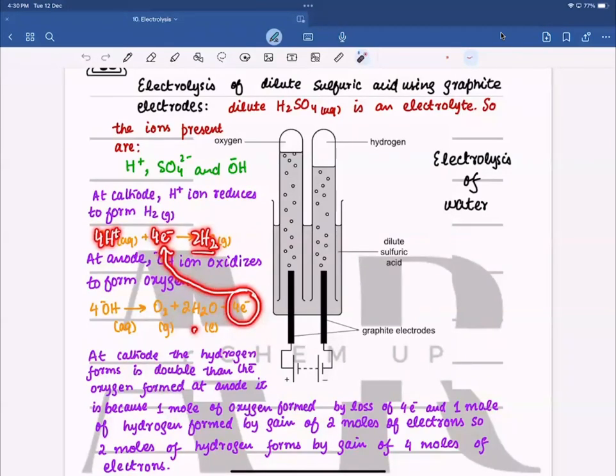So 1 mole of oxygen forms by releasing 4 moles of electrons, and those 4 moles of electrons are gained by hydrogen ions to form 2 moles of hydrogen. So the amount of hydrogen forming is double the oxygen. That's what I have explained over here. Is this clear to all of you?